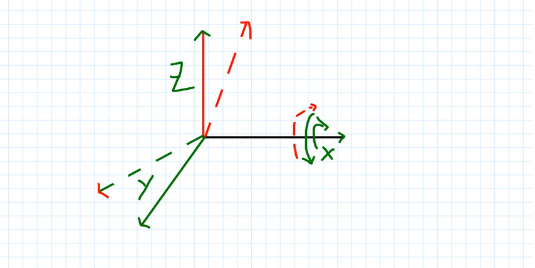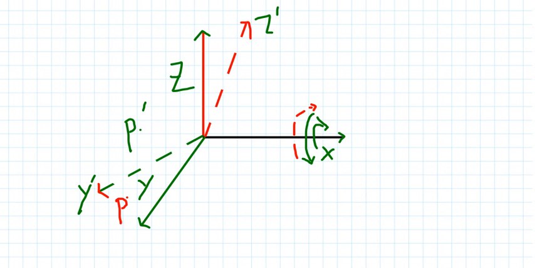So if you have a point P in the original XYZ coordinate system, it will be somewhere here after rotation, or x-axis rotation.